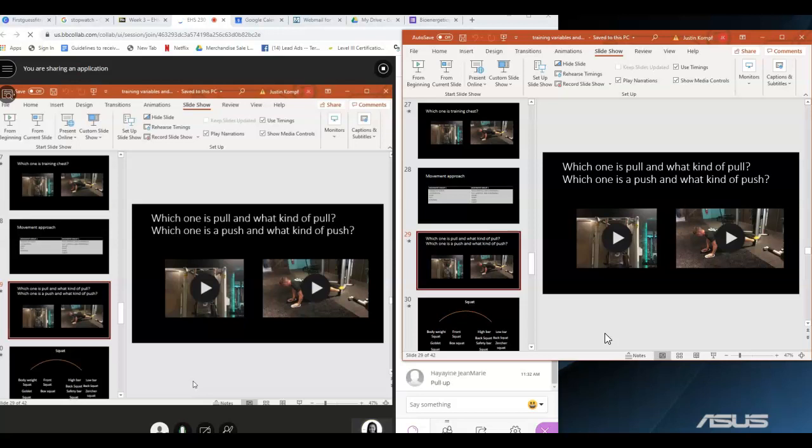All right, great. All correct. Okay, now what kind of pull is it? Horizontal or vertical? Stupendous. Okay, so just by default, we know that the push-up is a push, right? What kind of push?